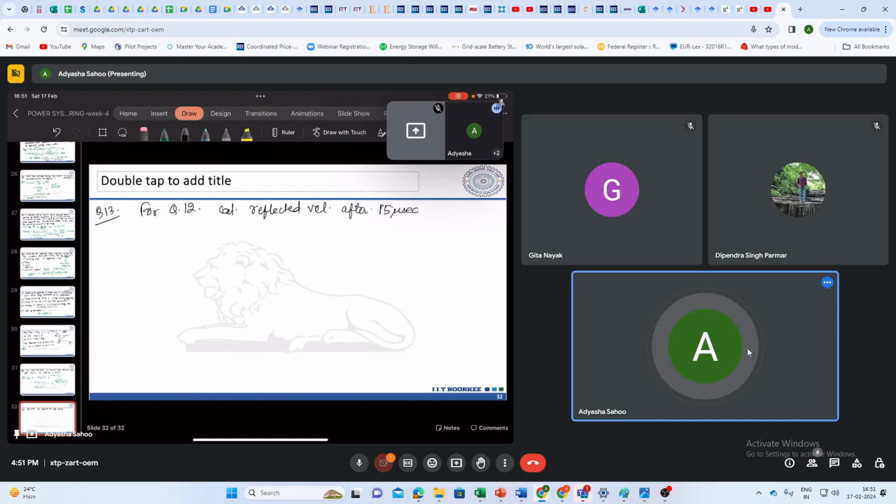So for the reflected voltage, the expression was V reflected equals Vf (1 minus 2 e to the power minus t by ZcC).